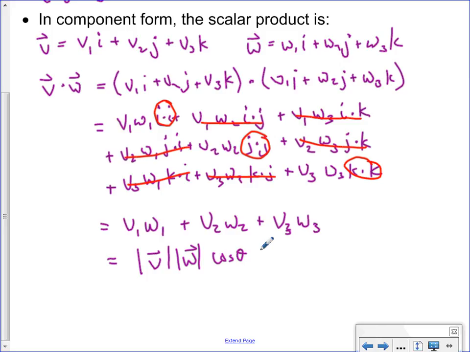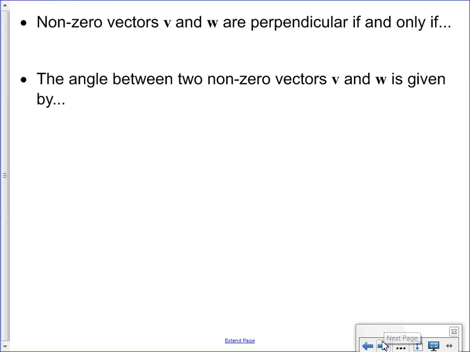Kind of went over this. They're perpendicular if and only if the dot product is zero. Good. The angle, another formula in your book, if you were to work backwards to find it, would be the cosine inverse of the dot product divided by the magnitudes.